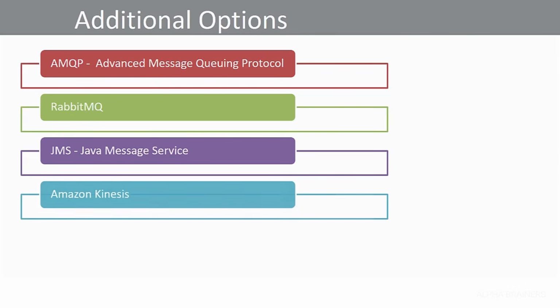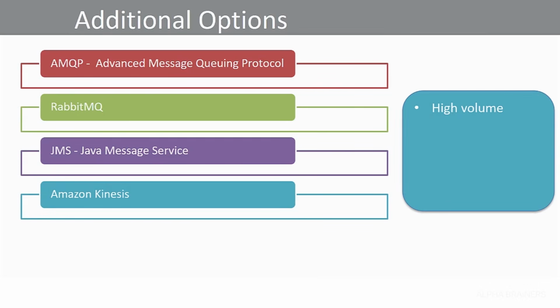Another option we have available to you is Amazon Kinesis. Amazon Kinesis handles really high-volume data streams. It's really designed to work with Amazon Web Services and specifically three different components of it. One called Kafka Streams that's used to collect a whole bunch of different data and process the data in real time.